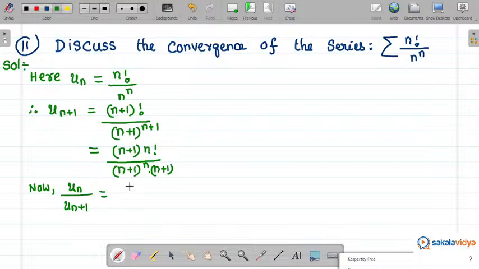That is equal to un, which is n factorial by n to the power of n, divided by n plus 1 into n factorial by n plus 1 whole to the power of n into n plus 1, right?